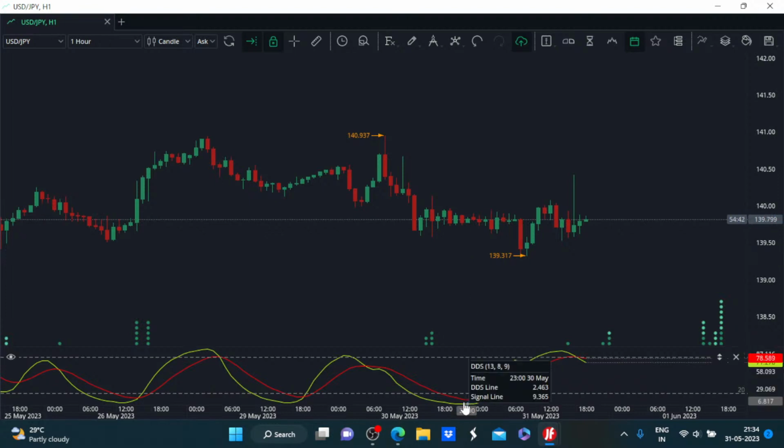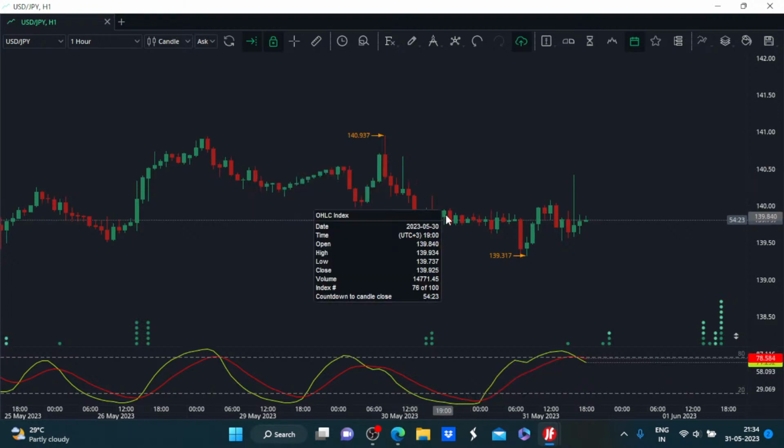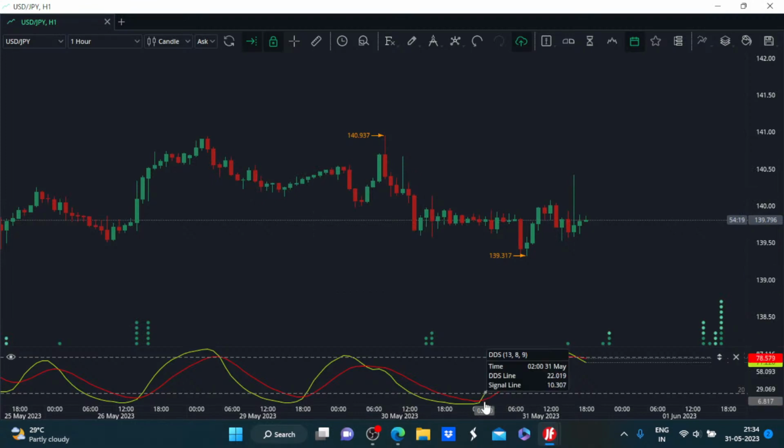So, for example, in this case, we had the DDS line and the signal line both in the extreme levels, below 20, indicative of an oversold scenario for the underlying instrument. And after that, once some momentum started to show up on the chart, we had the DDS line crossing above the signal line.